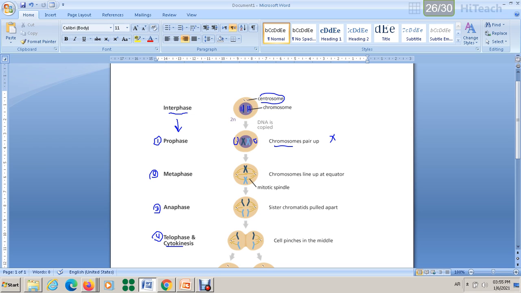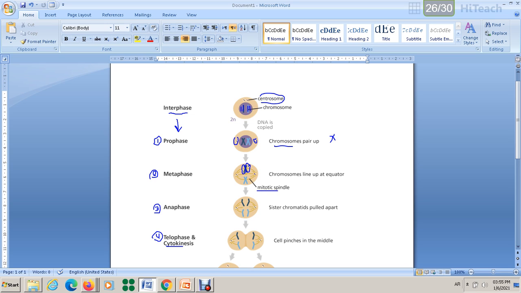Now, the second phase of the mitosis, which is metaphase. In the metaphase, look how the chromosomes start to line up at the middle of the cell. Look, this is the first chromatid and this is the second chromatid. These are sister chromatids. Each one of them is connected with mitotic spindle fibers.